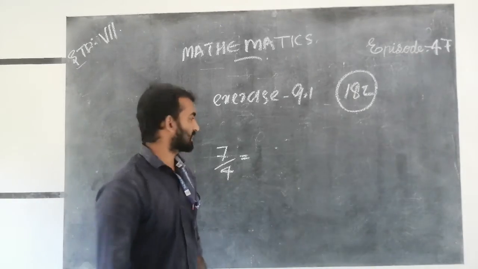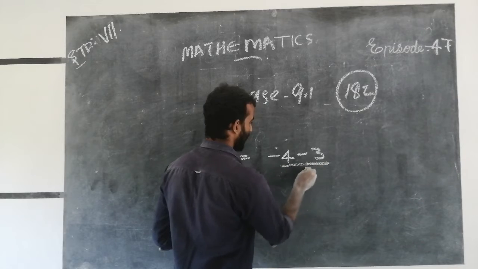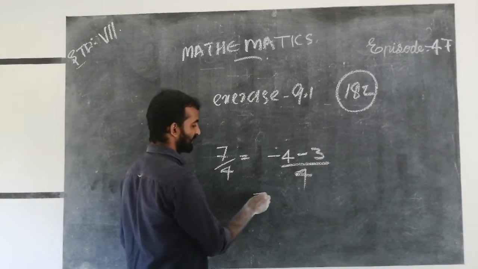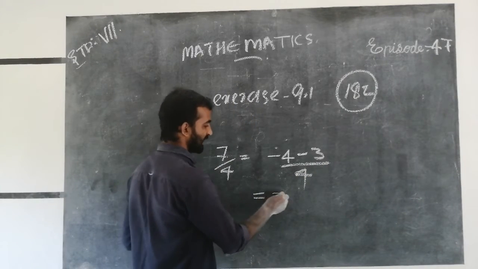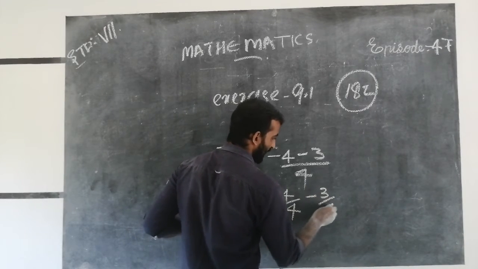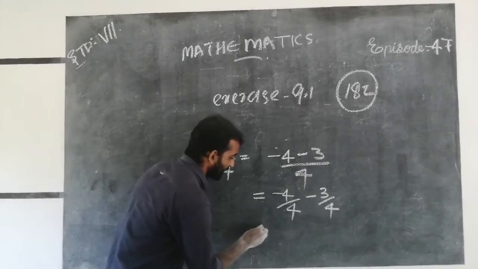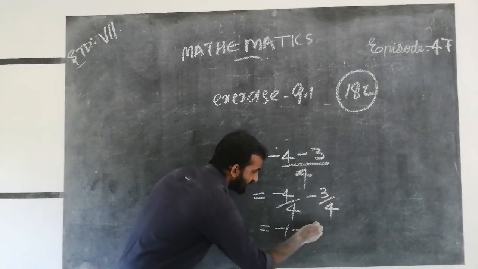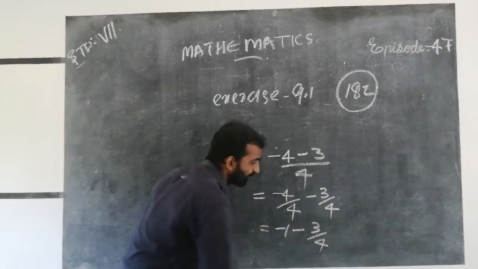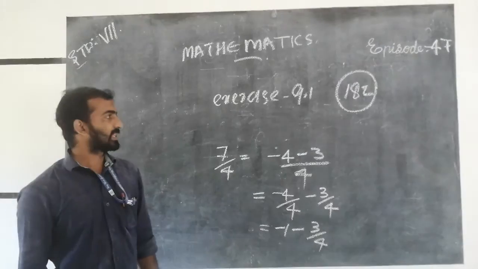That is, we can write it as negative 7 by 4 equal to negative 4 minus 3 whole divided by 4. That is negative 4 by 4 minus 3 by 4, that is negative 1 minus 3 by 4.